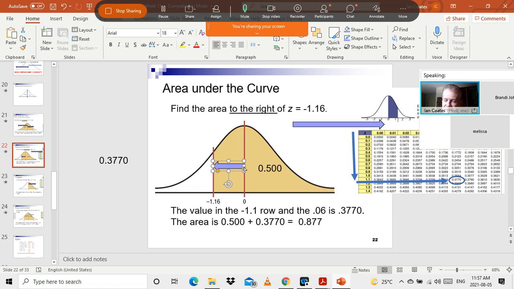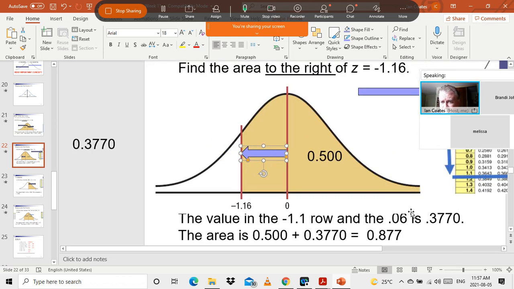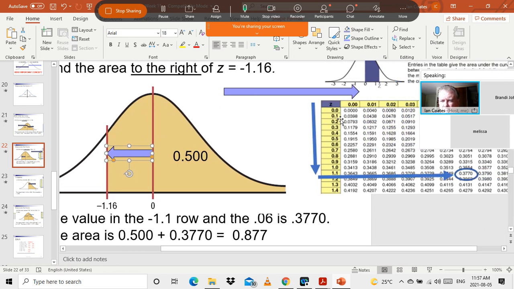The negative just means that it's to the left of the mean. But we're looking for the positive values here. So 1.16. I've already done it for you. So 0.377.